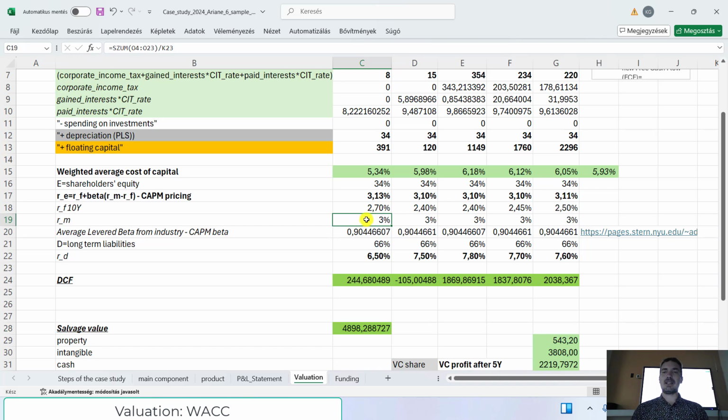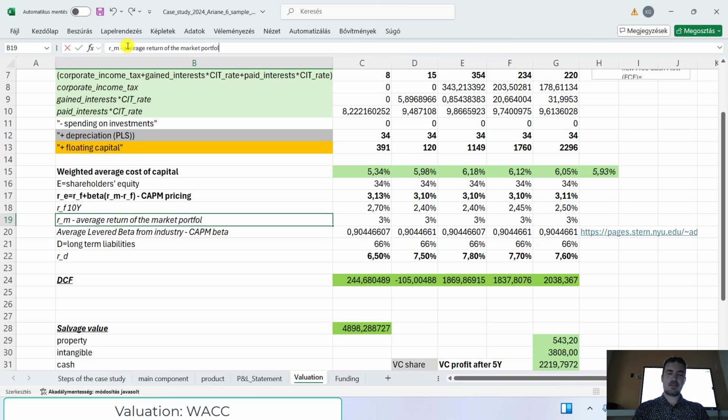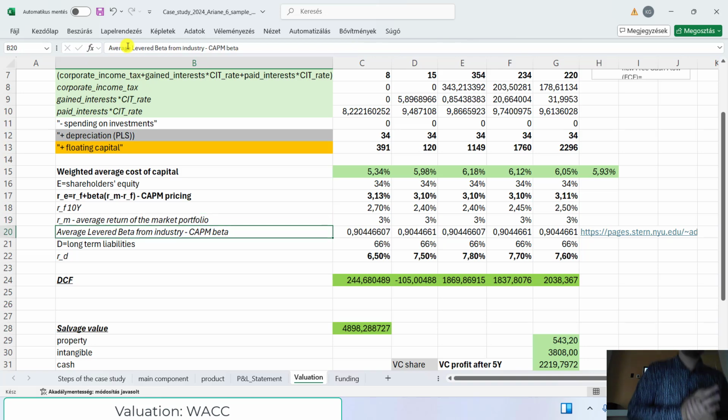Then we can ask the next question: where is the market return? Return of the market portfolio. Obviously, the average market portfolio, this is a French company, so it should be listed on the French stock exchange.